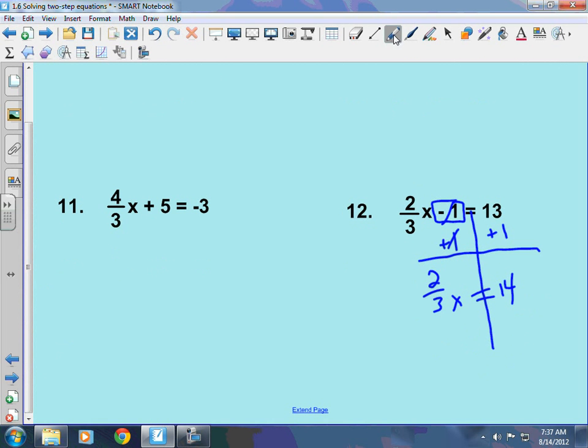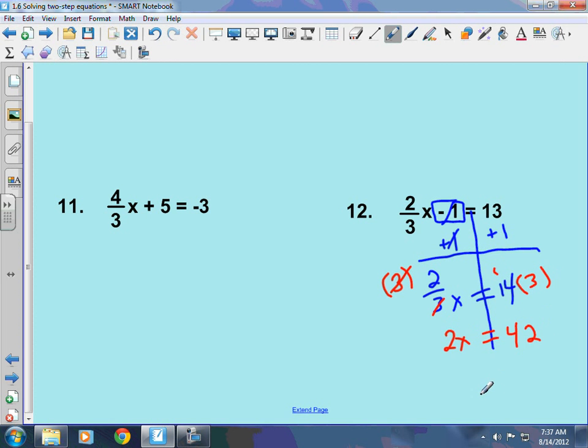How do I get rid of this fraction? Well, I'm going to show you the easiest way to get rid of the fraction. I take the bottom number of my fraction and I multiply both sides by the bottom number of my fraction. 3's cancel. 2x equals 3 times 4 is 12. 3 times 1 is 3, plus 1 is 4.